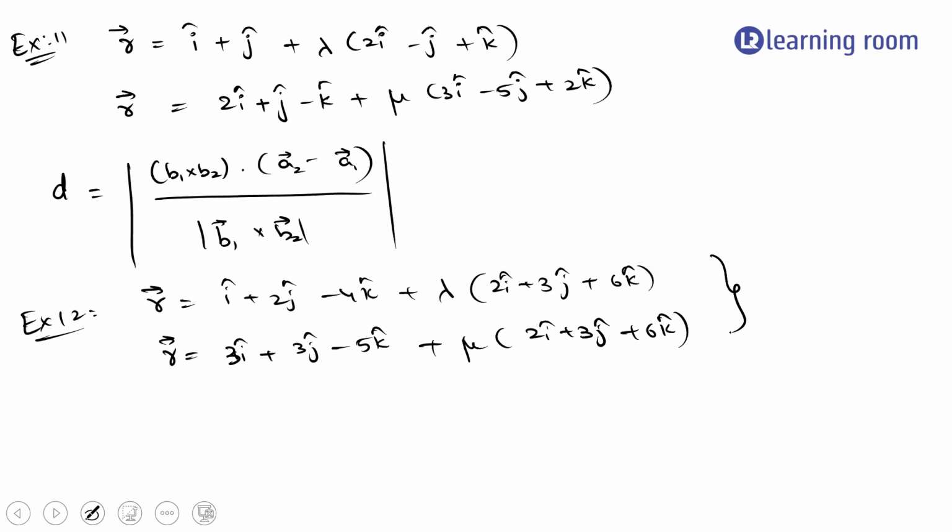If you observe, these two lines are parallel because B1 equals B2. Now find the distance between them. What is the distance formula? D equals magnitude of B vector cross A2 vector minus A1 vector, divided by magnitude of B vector.